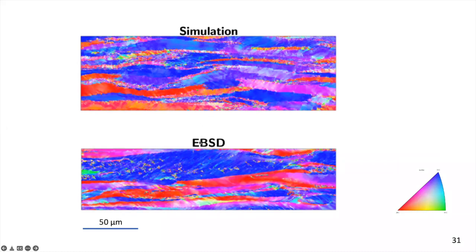We don't do a one-to-one correspondence here, but you can obviously see that the full field simulation succeeds in reproducing some important features, like the occurrence of shear bands and deformation bands that you observe in the measured microstructure.